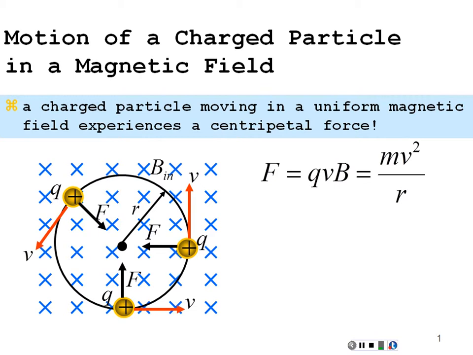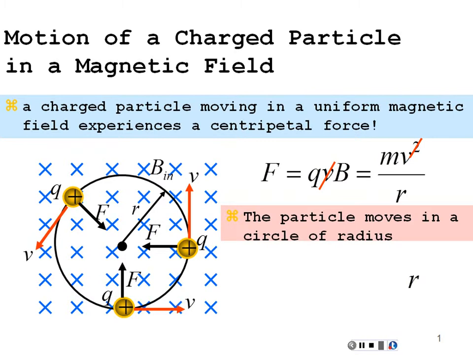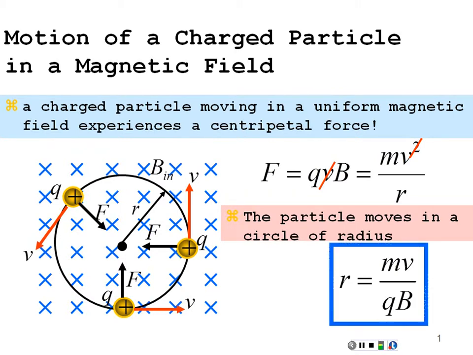Let's get rid of a v on both sides and solve this for the radius of that circle. It's equal to the mass times velocity divided by the charge times the field, the momentum over the charge times the field. That will be the radius of a charged particle in a uniform magnetic field.